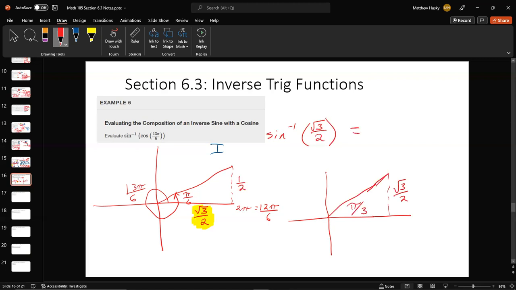So because cosine of 13 pi over 6 equals root 3 over 2, the sine inverse of that is going to give you pi over 3. So the result we get is pi over 3. There we're doing a combination of sine and cosine.